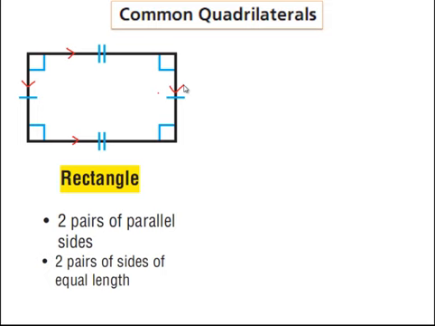Can you see this side and this side? What do they mean? They mean there are two sides that have the same length. This side equals this side.